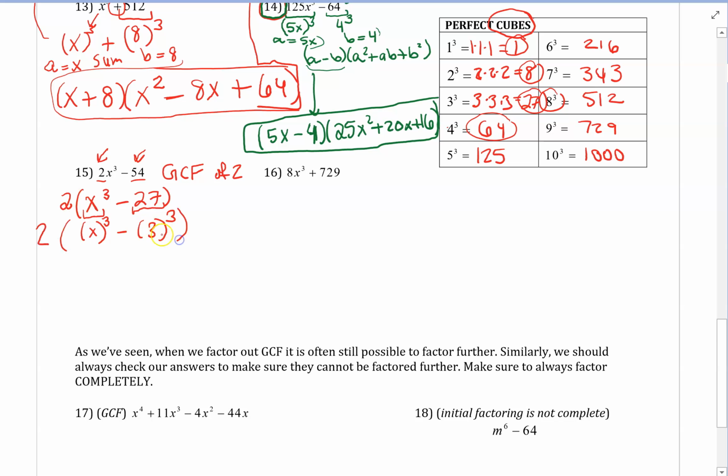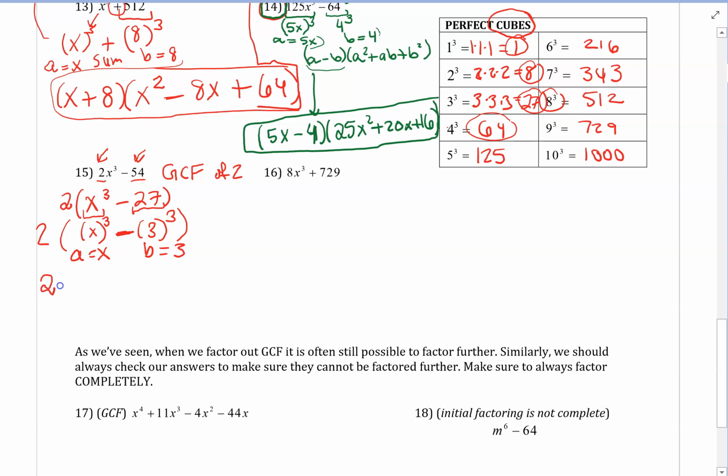So the 2 is still there. I'm going to need to leave it there, but I do now have a difference of cubes remaining, and need to factor that using the difference of cubes formula, where a in this case is x and b is 3, and it's a difference.